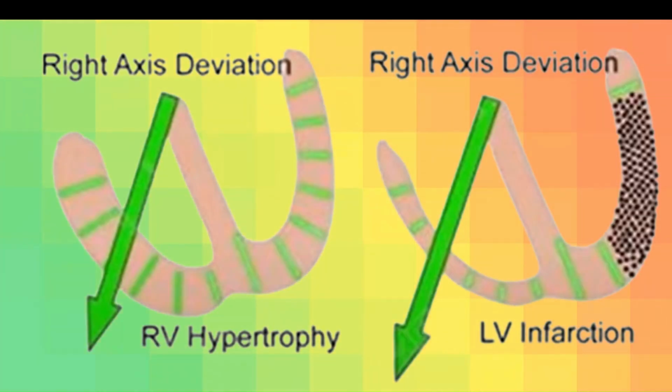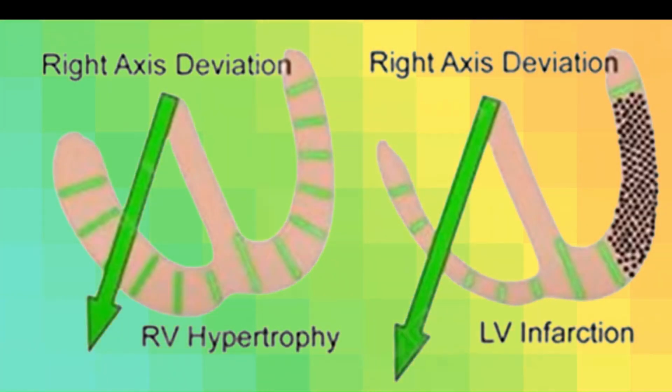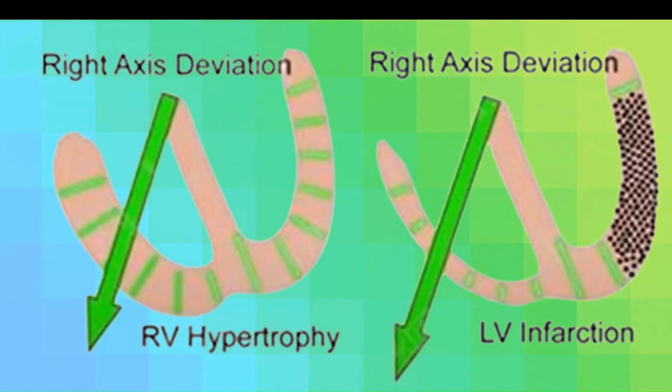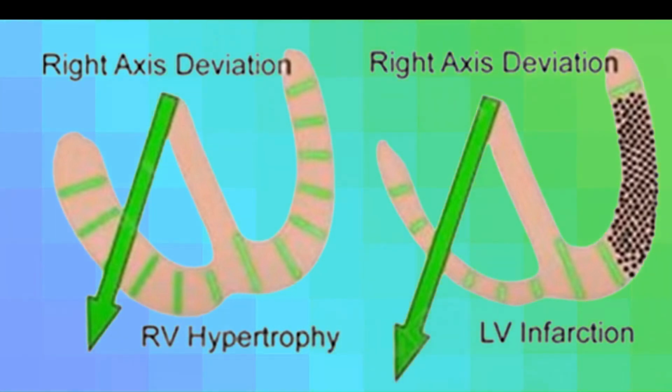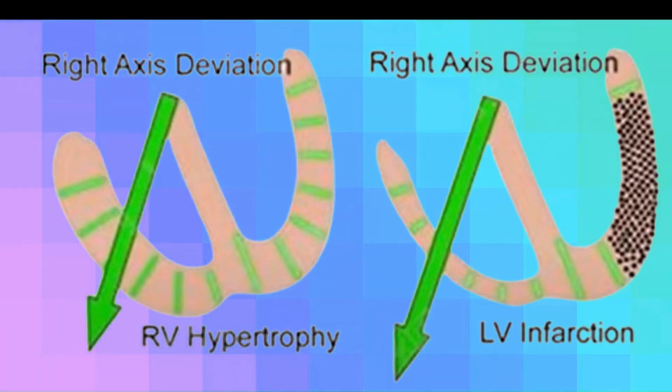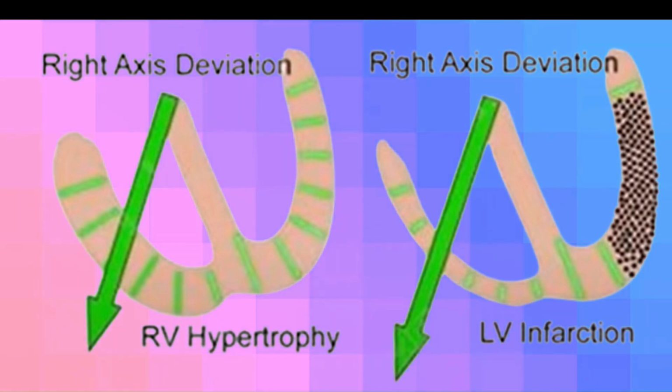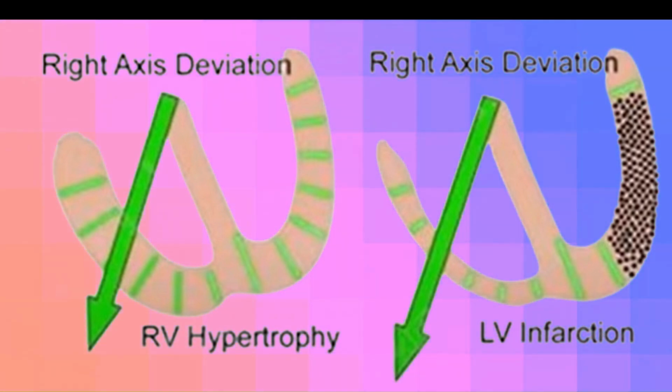How will you explain this? In case of right ventricular hypertrophy, the wall of the right ventricle is hypertrophied, so the majority of the electrical vector will pass towards the right side. The average electrical activity will pass towards the right ventricle and that will result in right axis deviation.